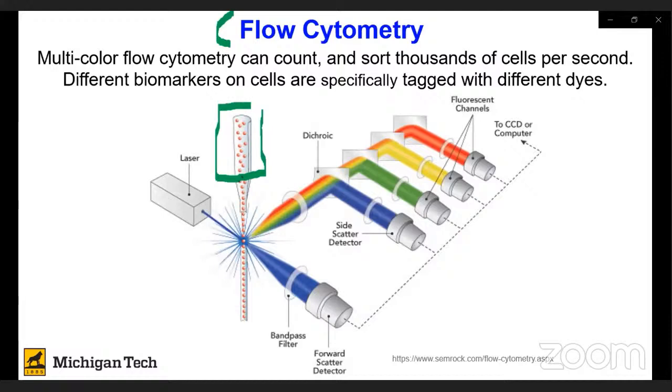Laser light is used to excite all the fluorescence such that all the fluorescent signals on different biomarkers can be collected in the same measurement. By doing so, comparing the intensity of different fluorescent signals, one can quantify the population of different biomarkers on a blood cell sample.